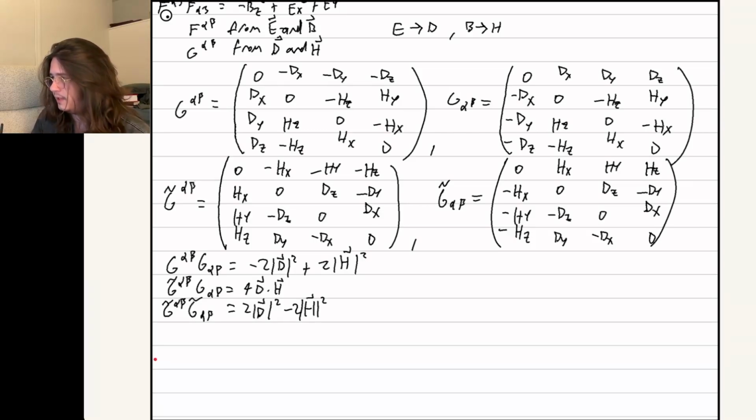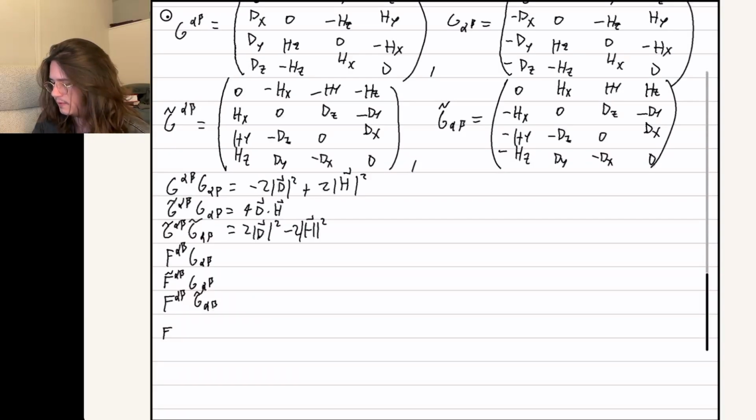There's also going to be a class of identities where you have combinations of the macroscopic field strength tensor and also just the regular field strength tensor. Of which there are a handful.